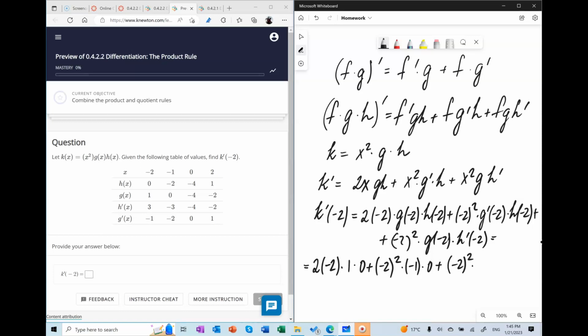G of -2 is 1. H prime of -2 is 3. So since h of -2 is 0, that means this whole thing is 0, this whole thing is 0, and the only thing that's left is the last expression, so the answer is 12.